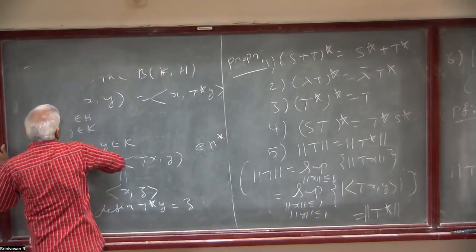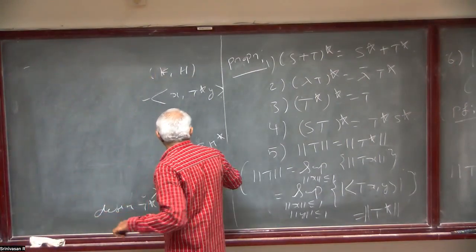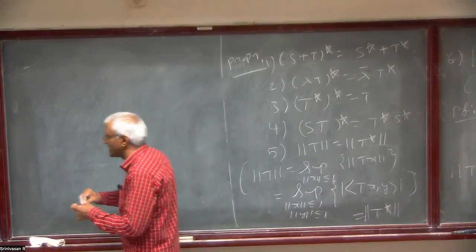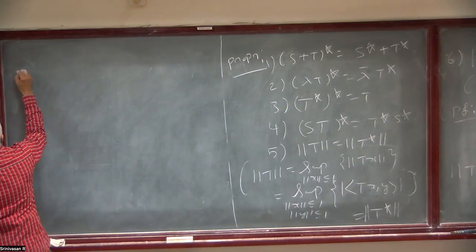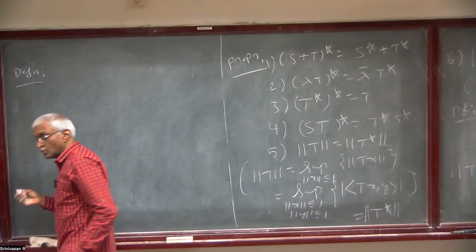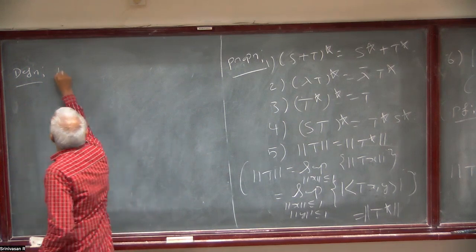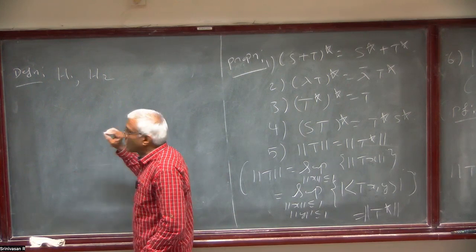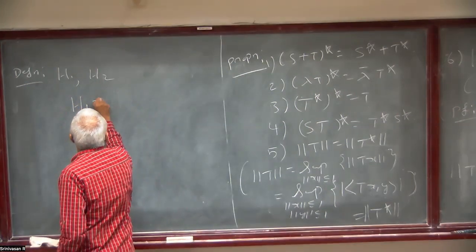Then, like I defined this before, if you have two Hilbert spaces, H1 and H2, then you can write this H1 direct sum H2.